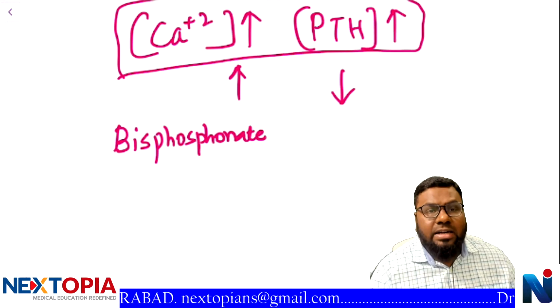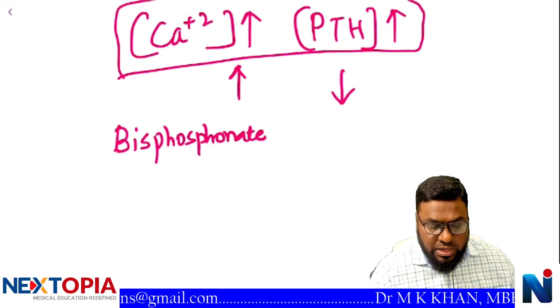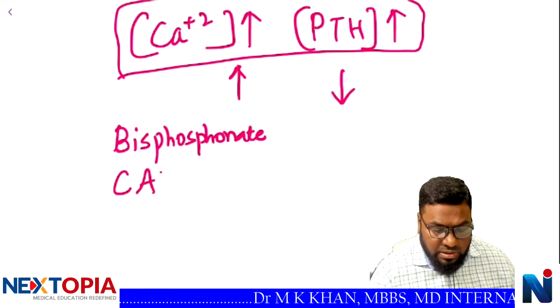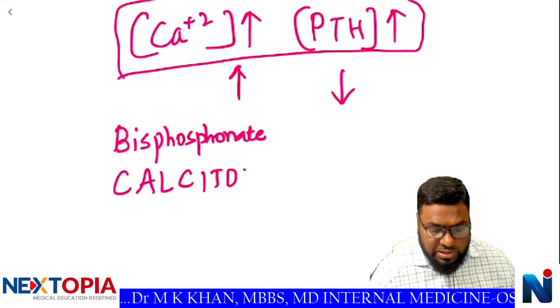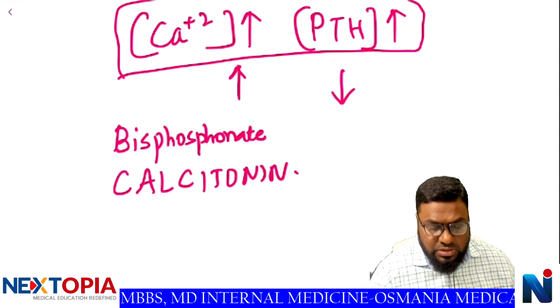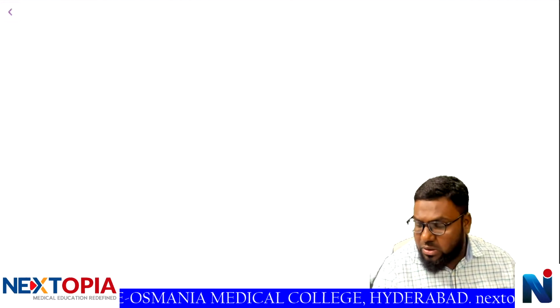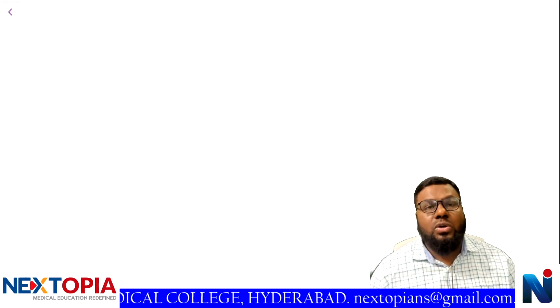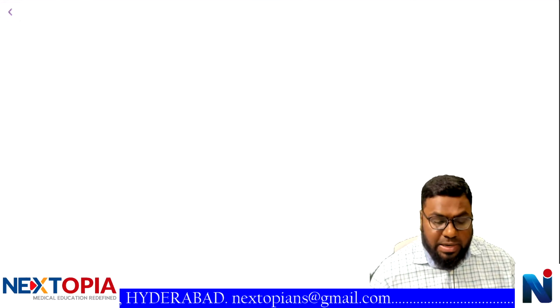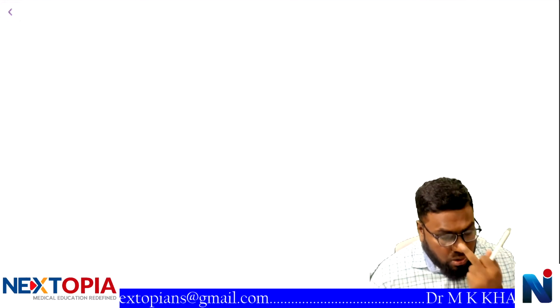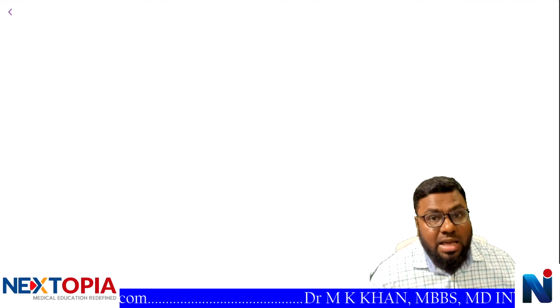And we all know that calcitonin inhibits the osteoclastic activity, so calcitonin can also be given to the patient pharmacologically. Calcitonin also helps in decreasing the osteoclastic activity and promoting the osteoblastic activity. So this is all about hypercalcemia or primary hyperparathyroidism.